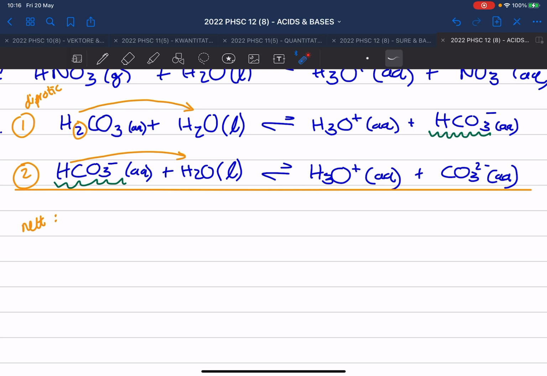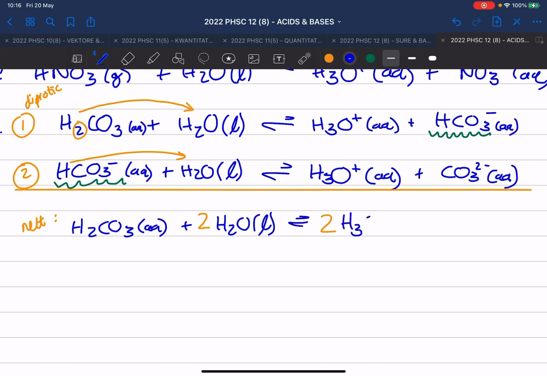So if I add them together, carbonic acid reacts with 2 waters to give you 2 hydronium ions and the carbonate ion. I think most of you wrote down the net reaction if you did the homework.